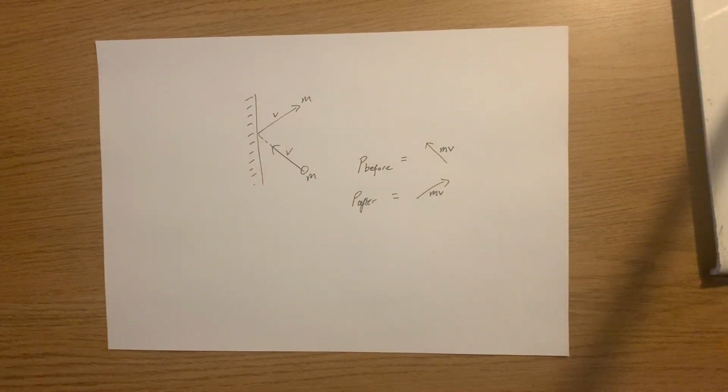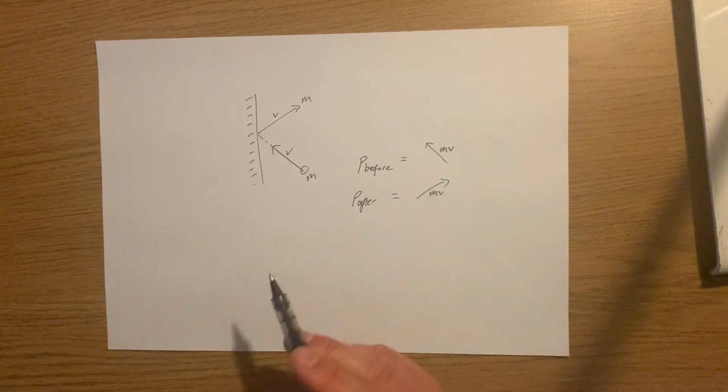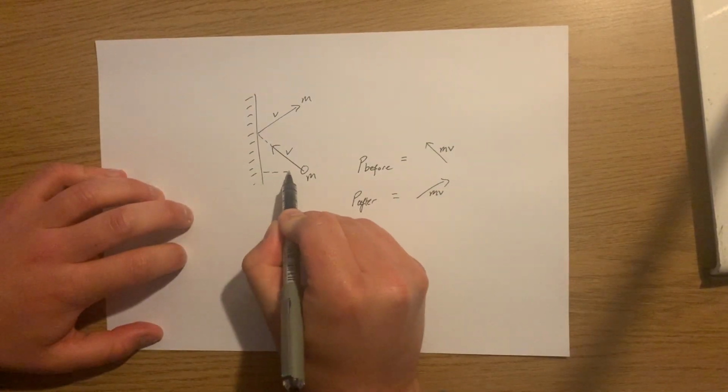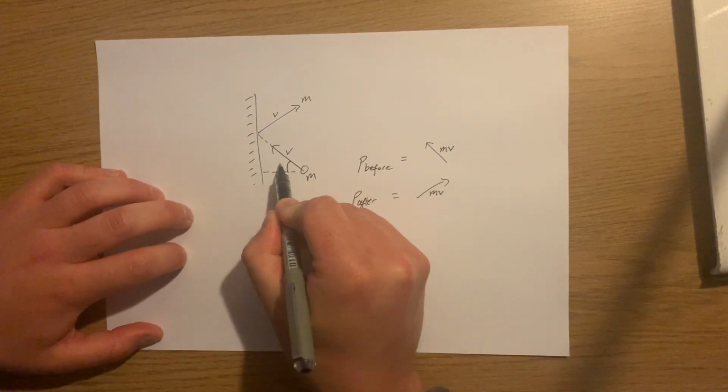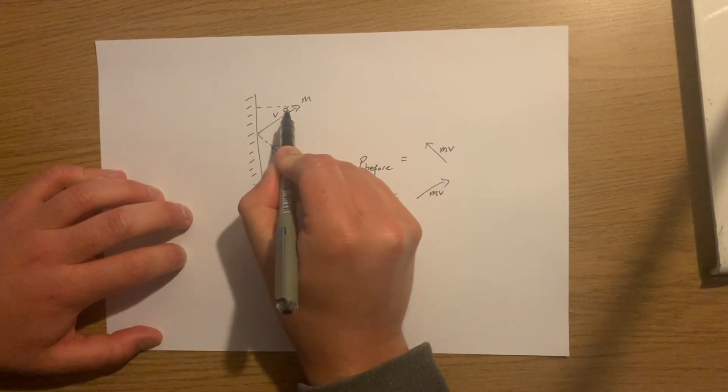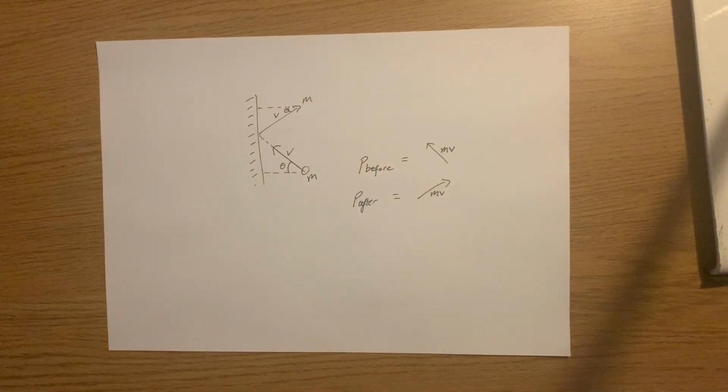So the size of those arrows is the same, and they're making the same angle with the wall. It's not spinning off or doing anything like that. It's a perfect reflection, as it were. So the angle that they've given us is this one here, which they've called theta, which means that this same angle up here is also theta. That will be important later.